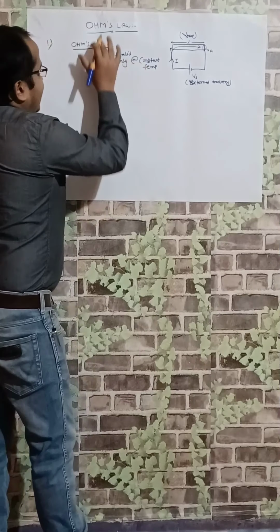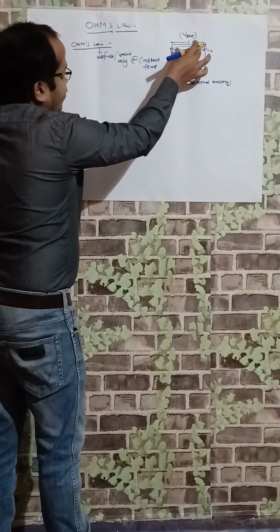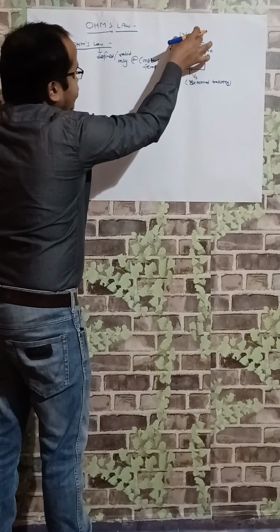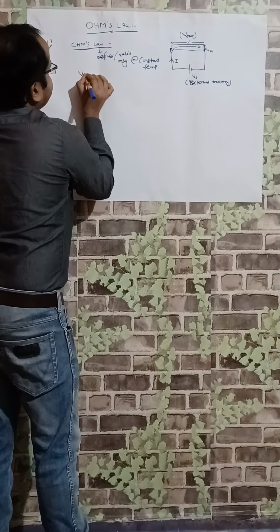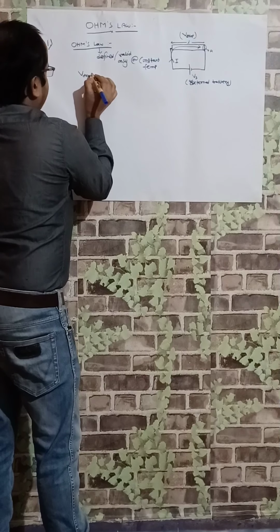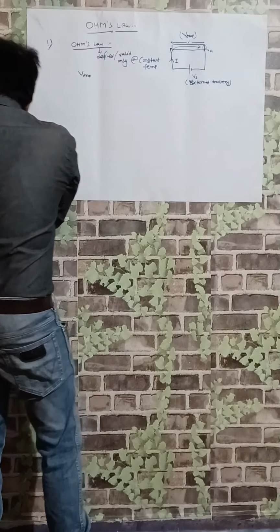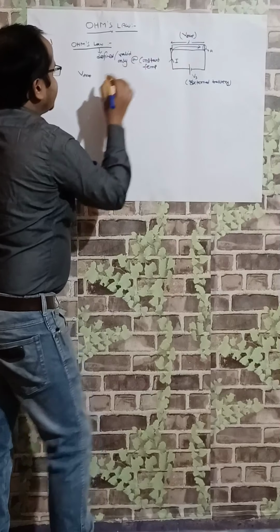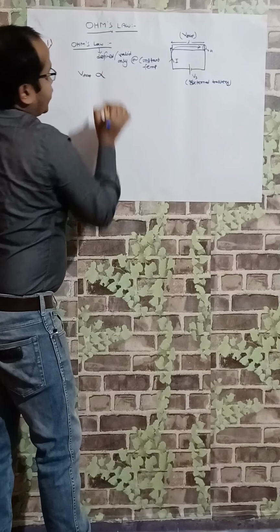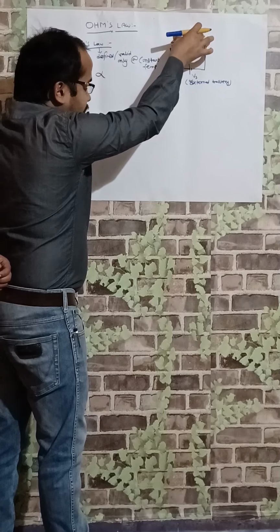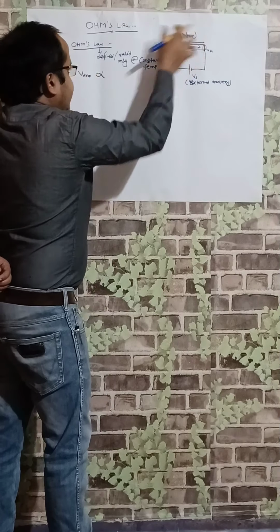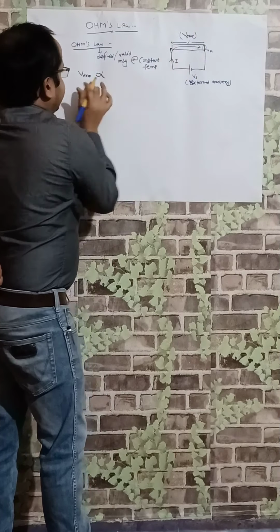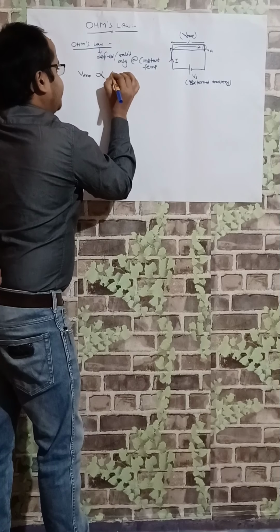According to Ohm's law, the voltage drop across this element is directly proportional to the current I flowing through this element.